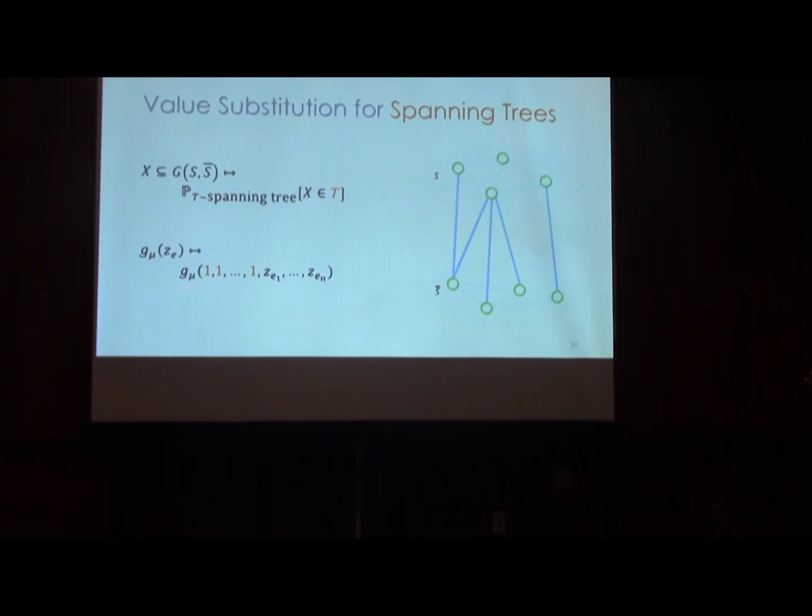You just plug in 1 for all the edges you don't care about, and you're just taking the projection of the spanning tree distribution on just these particular edges.